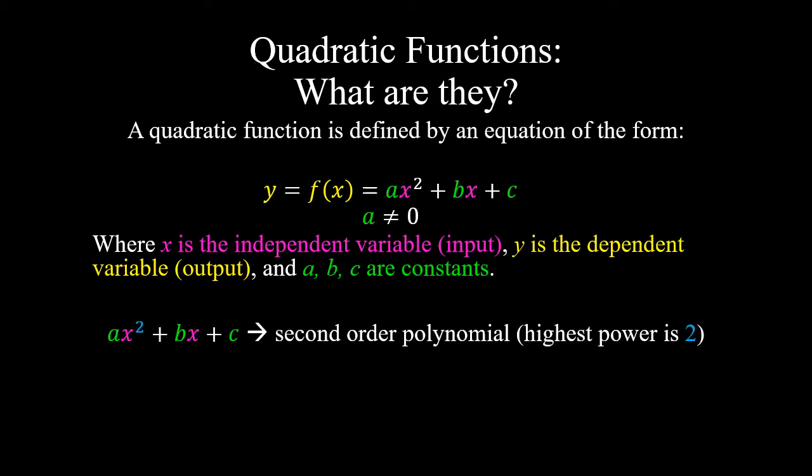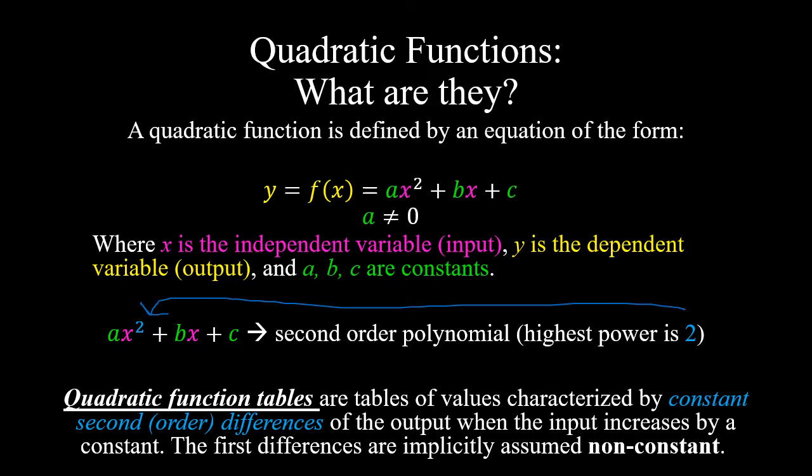We also noted in our last lesson that ax squared plus bx plus c is called a second order polynomial. All that means is that the highest power on our variable is 2. And we discovered that when we looked at a table that we saw was a quadratic function table.